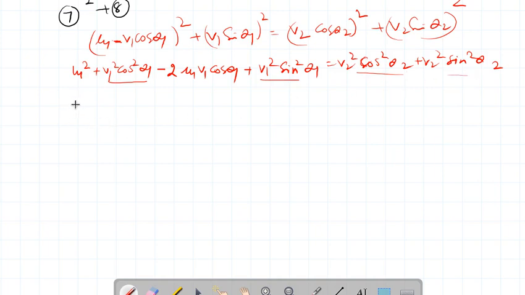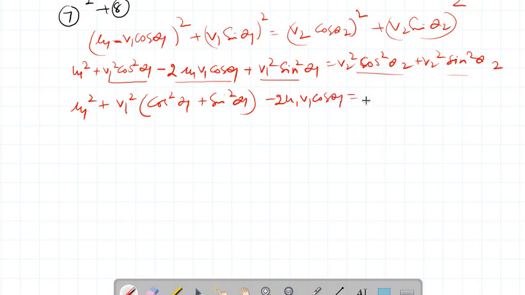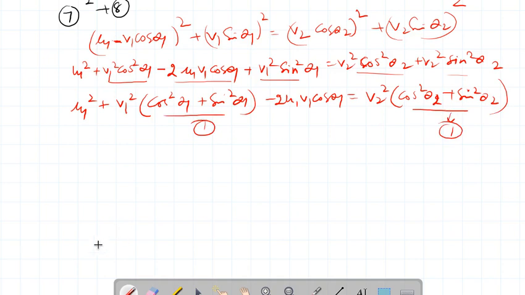So it can be written as u1 square plus v1 square. From here I can take cos square theta 1 common, and here I can take sine square theta 1 common, and this term will remain as it is. So minus 2u1 v1 cos of theta 1 is equal to v2 square into cos square theta 2 plus sine square theta 2. Its value is 1, its value is also 1, because sine square theta plus cos square theta is 1.